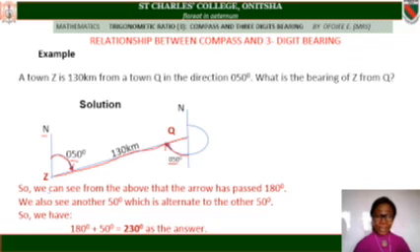And of course, you knew that the sum of angles on a straight line is 180 degrees. It has passed that 180 and is moving towards getting that 50 degrees, which is alternate to the original 050 degrees. So we also see another 50 degrees, which is alternate to the other 50 degrees.